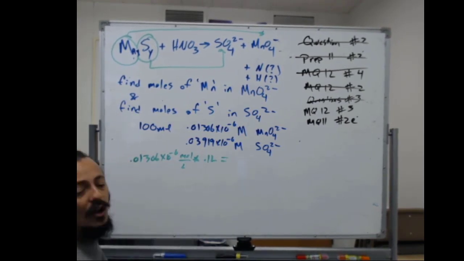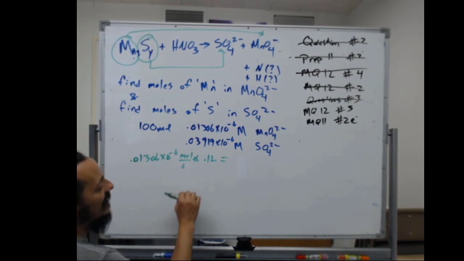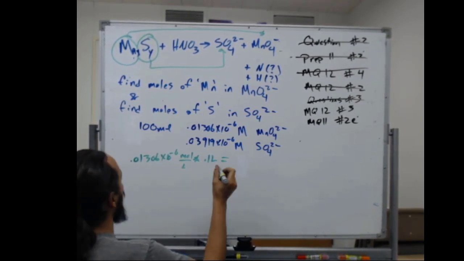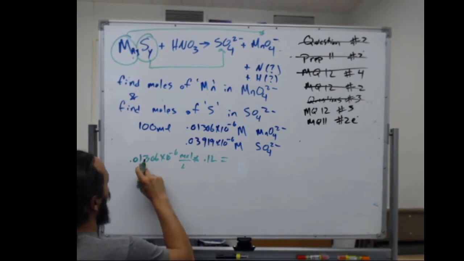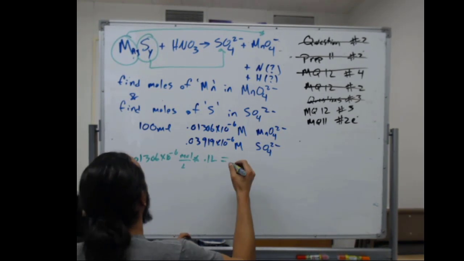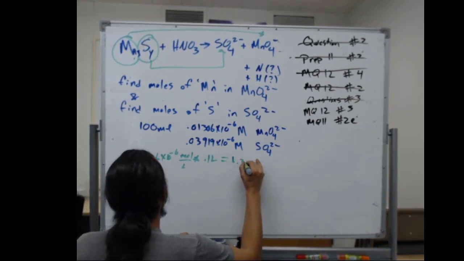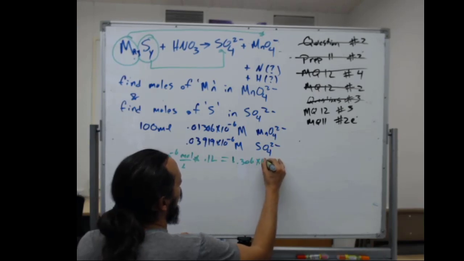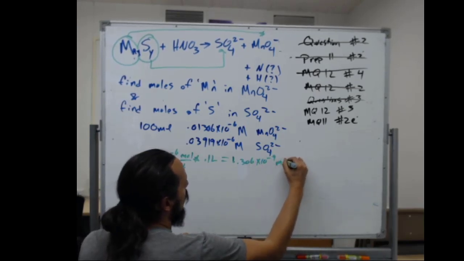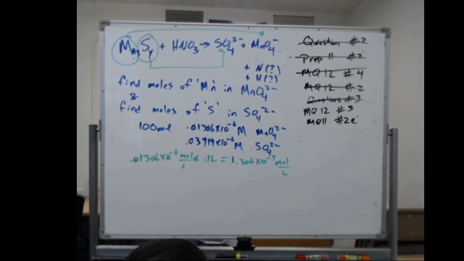Oh, that's really easy. The one I did in office hours yesterday, I had a different volume. It made it much harder. So that's going to be 1.306 times 10 to the minus 9 moles, I believe. Let me double check that, make sure I'm not making any silly mistakes with my zeros, but I think that's right.